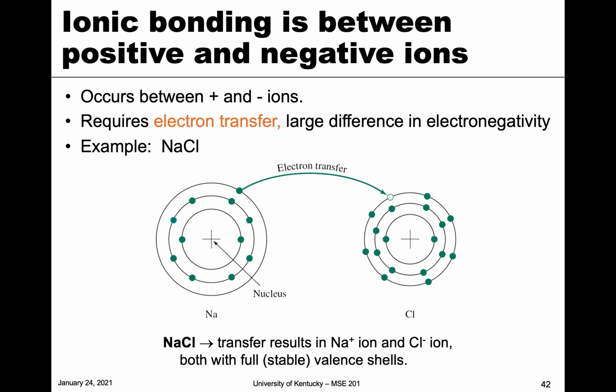So that's how ionic bonding happens: large differences in electronegativity result in the formation of positive and negative ions. Now we have a net positive ion and a net negative ion, and these two ions are going to be strongly attracted to one another through that charge effect.